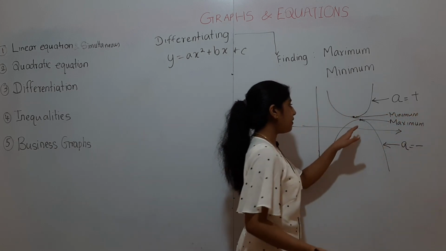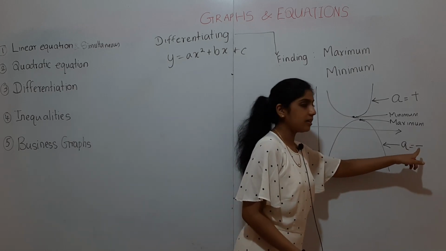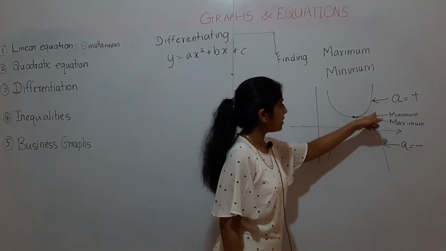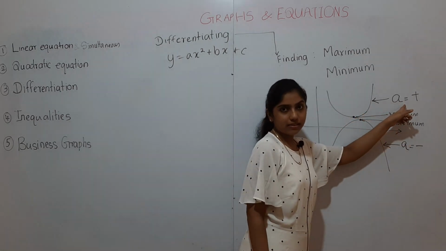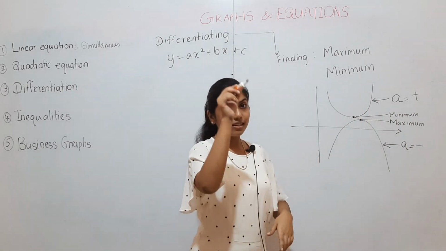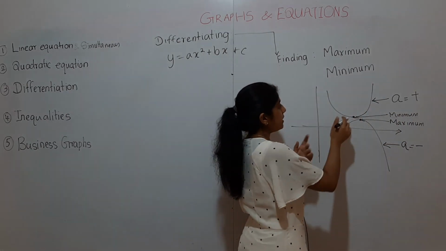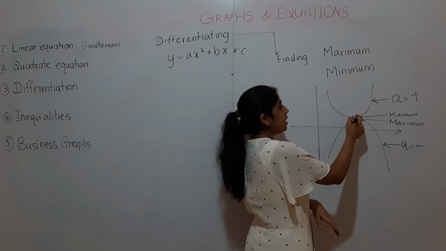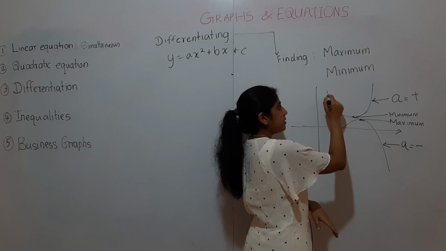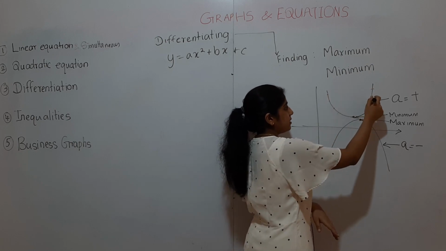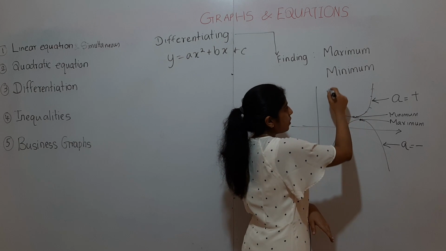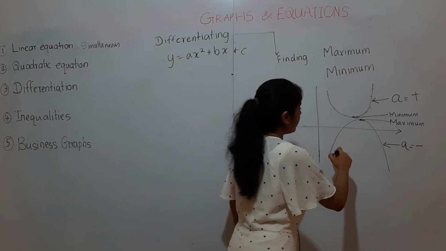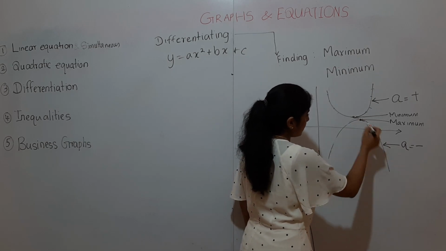So you cannot have a minimum point when a is a minus, and you cannot have a maximum point when a is a plus, because the curves are different shapes. We can't find a maximum point here because all the values are high here. So here's the lowest, there's no highest because it's not a circle. But over here it is like a half circle, a curve.